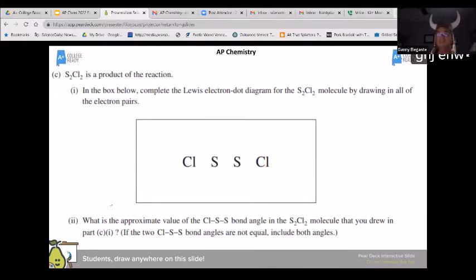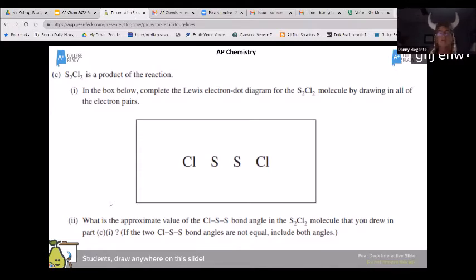So sulfur has 6 valence electrons, and there's 2 of those. So total valence electrons would be 7 plus 6 plus 6 plus 7. So that's 12 and 14. I'm getting something like 26. So when you're drawing your Lewis structures, be thinking about, I need to draw 26 electrons in there somewhere.